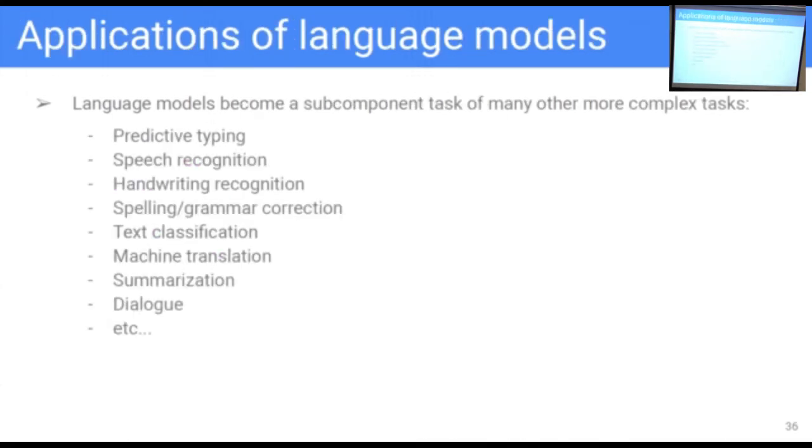And then once you have it, the very important thing is that the task in itself, as I said, the task of predicting the next word, is not very important. But once you have the internal representation that your language model produces and the architecture of a language model that works very well, you can use it for many other downstream tasks, like predictive typing, which is the simplest one, but then you can also recognize speech.